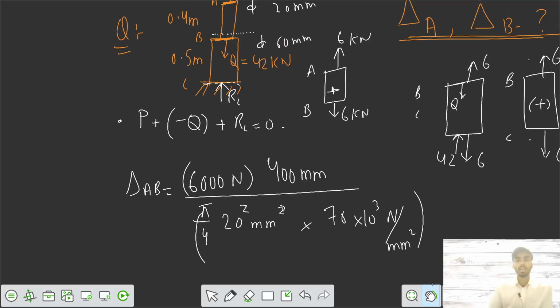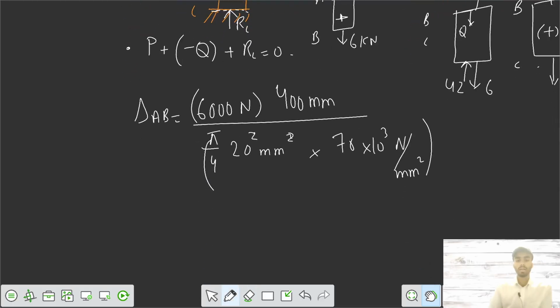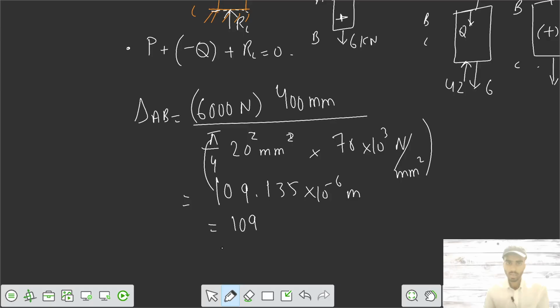So the member AB has been stretched by this amount, which comes out to be 109.135 into 10 to the power minus 6 meter, or we can say 0.109135 mm. This is the elongation in the member AB.